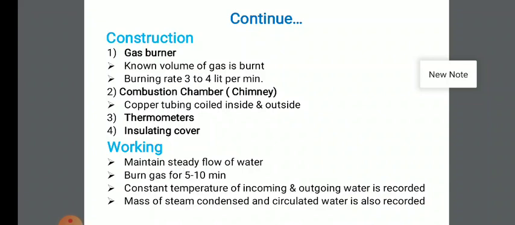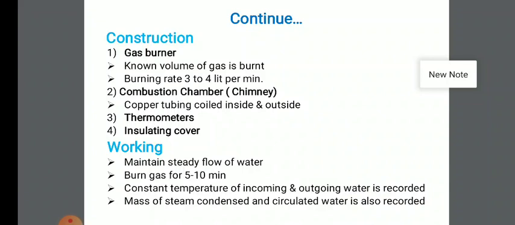First, the volume of gas burnt at the given temperature and pressure in a certain time period. Second, the quantity of water passed through the coil during this period. Third, the mass of water condensed from the product gas during the same period. And the last, the steady rise in temperature of the water.